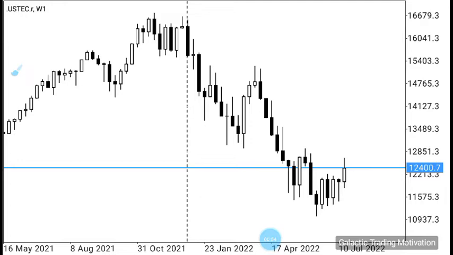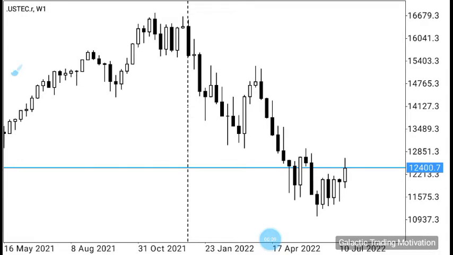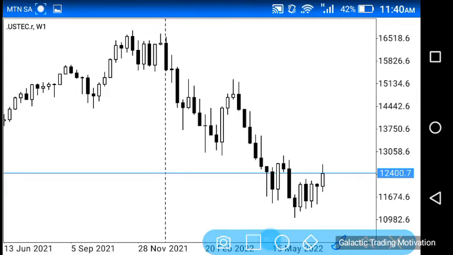Yeah, so let's have a very quick look at Nasdaq 100. I have the weekly chart open, as you can see. In the previous video, I spoke about this candlestick over here and mentioned how it is carrying a whole lot of liquidity where that line is.